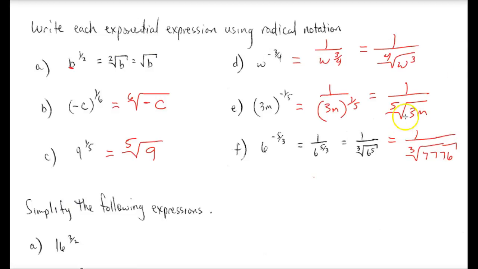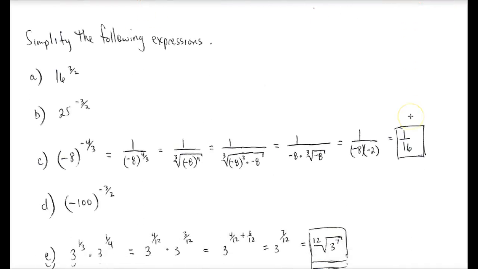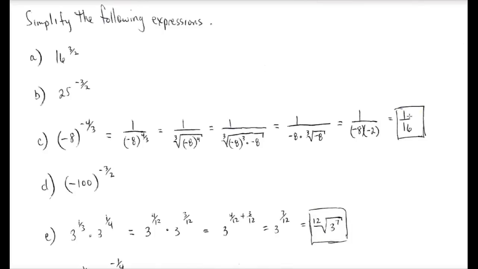Okay. All right. So now that we have that done, we'll go ahead and simplify the expressions in the next set of examples here. So first thing that we see here is if we wanted to do this, one way that we could go about doing this is we could just say this is going to be the square root of 16 cubed, okay, which is the same as square root of 16 times 16 times 16.